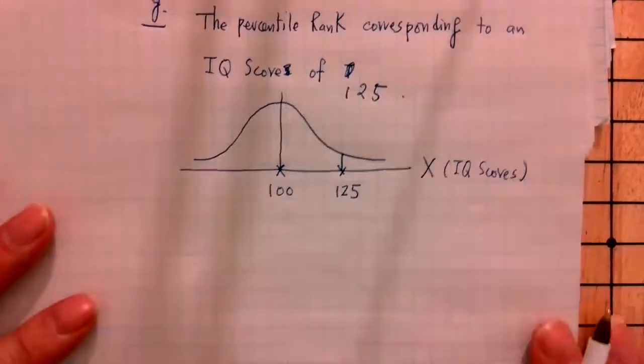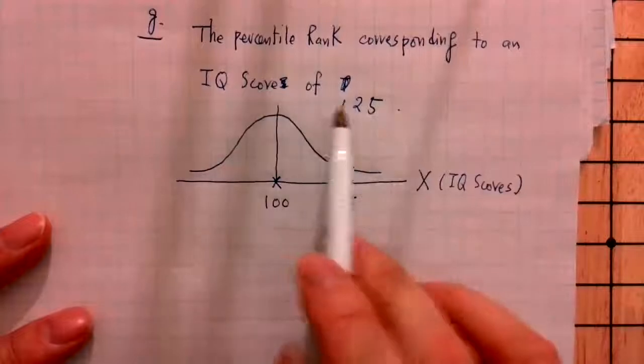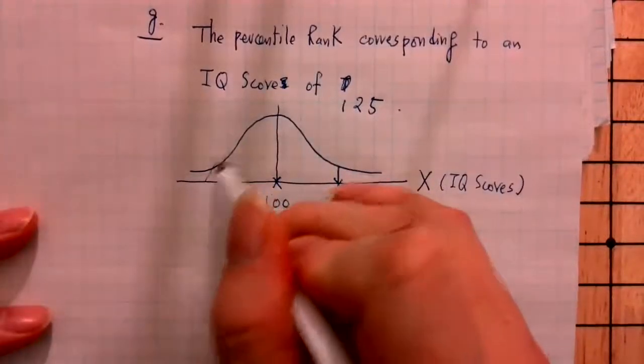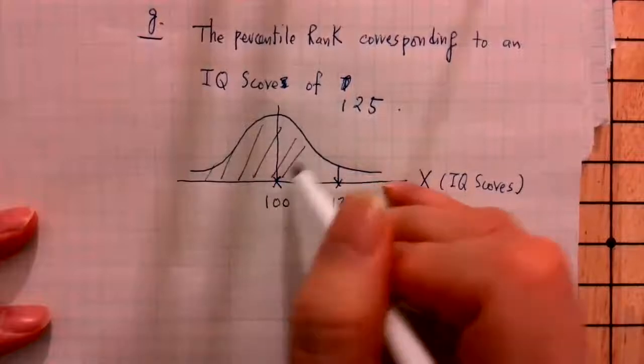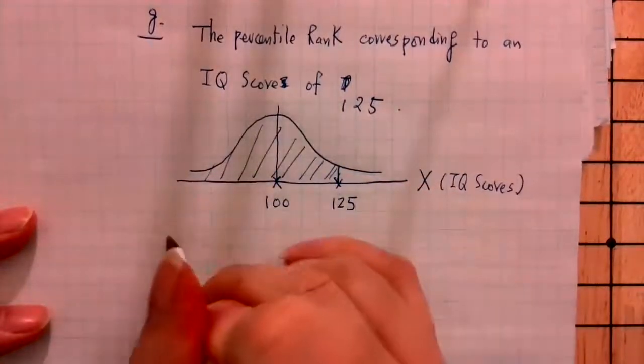When we ask you the percentile rank corresponding to an IQ score of 125, what does that mean? That means we want to find the cumulative percentage up to this point.